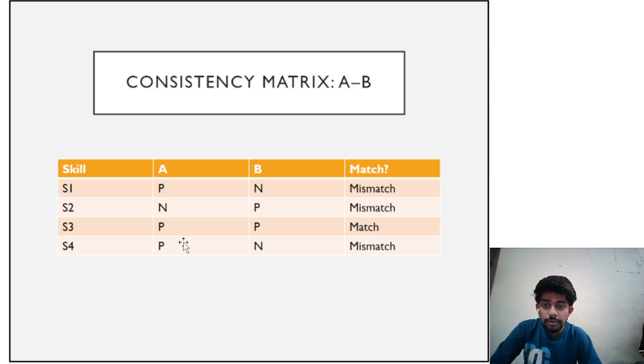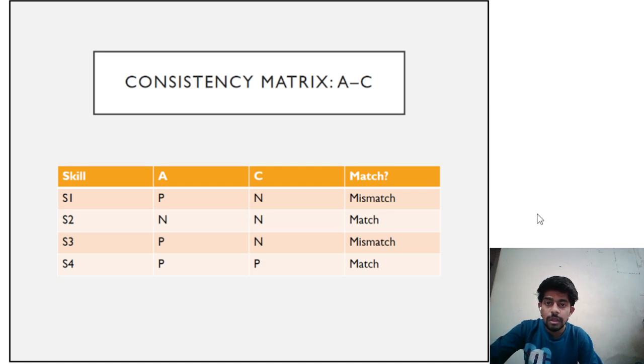In skill 4, A has P, B has N, which is also a mismatch. So A and B have three mismatches out of four skills. So let's remember this and continue and construct a consistency matrix for AC.